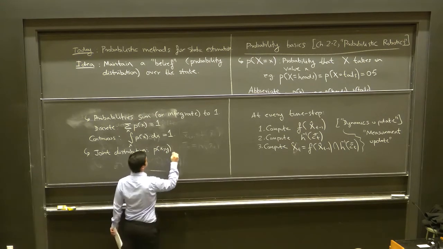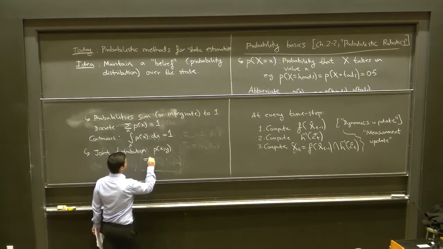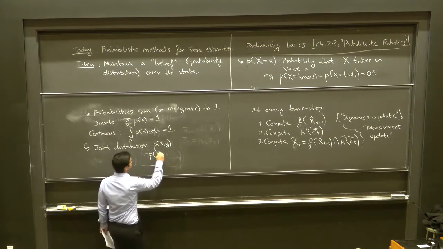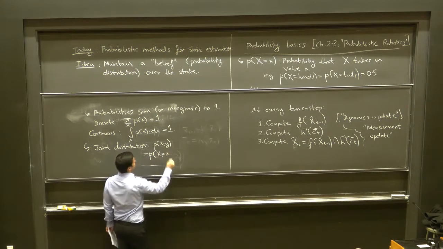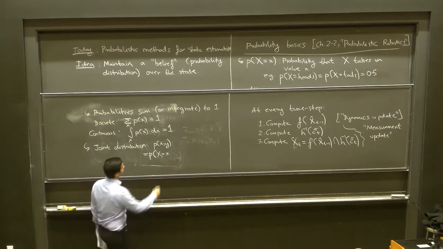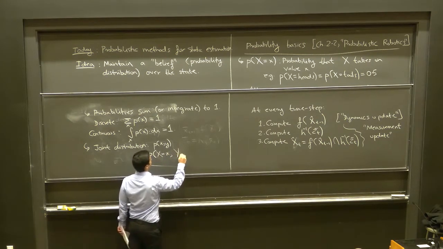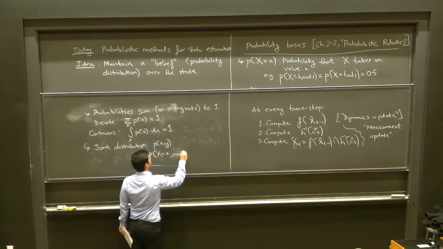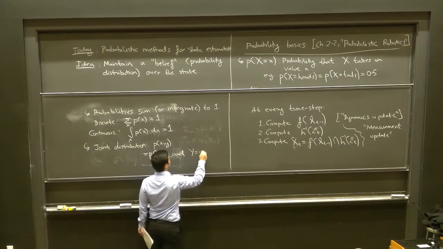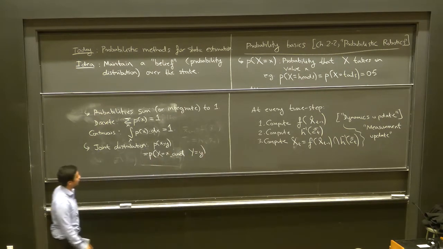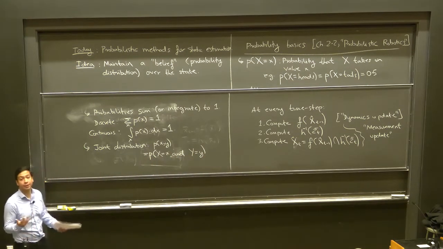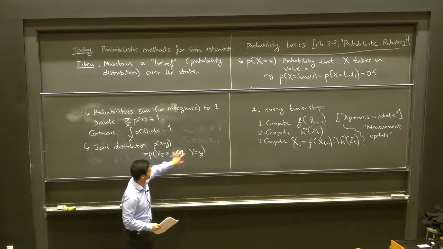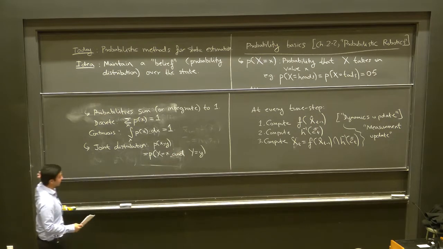And again, this is really shorthand for saying that this is the probability that the random variable capital X takes on value little x, and the random variable capital Y takes on value little y. So if you have two coins that you're tossing, the outcome of the first one could be denoted by x, the second one by y, for instance.